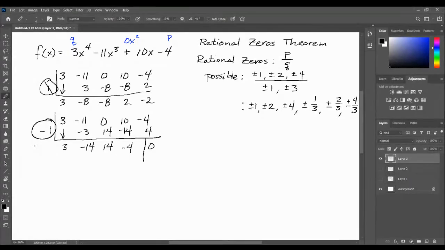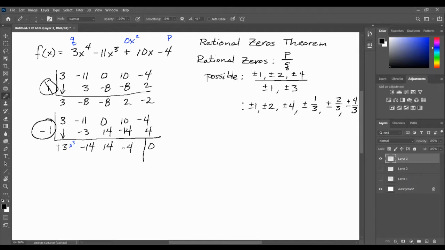And remember, like we said yesterday, now where I started with an x to the 4th, I've got an x³ term here. So rather than go back to my initial numbers, I'm going to now start using this quotient, the coefficients here in the quotient. It'll speed up my work a little bit. And I think that'll help.